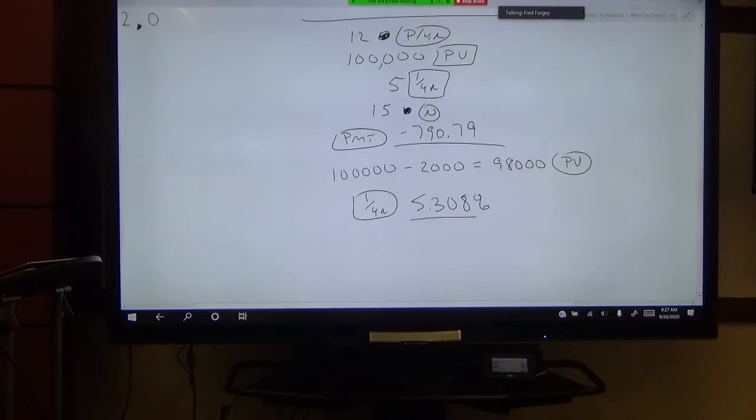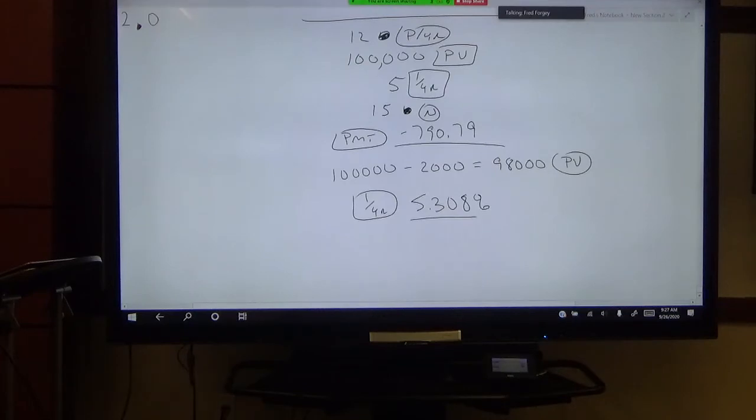Okay? So, let's rephrase the problem. Assume they want a 5.5% yield. How much in loan origination fees would they have to charge? Okay? Once again, for the same problem.